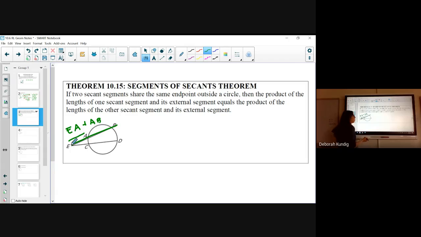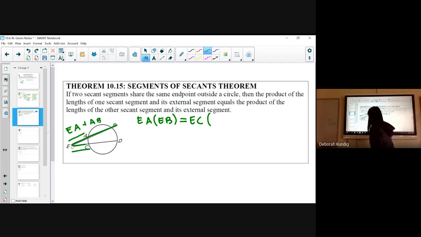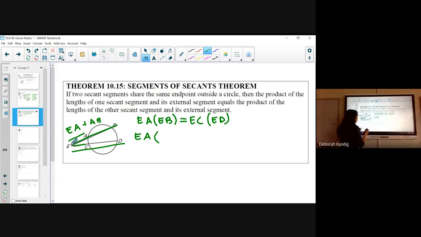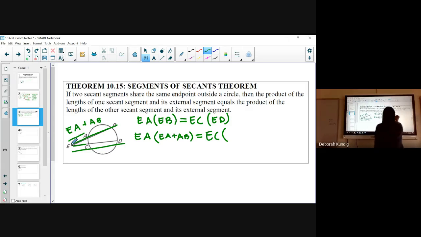So the outer EA times the whole thing EB is equal to the outer EC times the whole ED. The whole thing is EA, the outer, plus the inner part, AB, is equal to the outer times the whole, but the whole is EC plus CD.